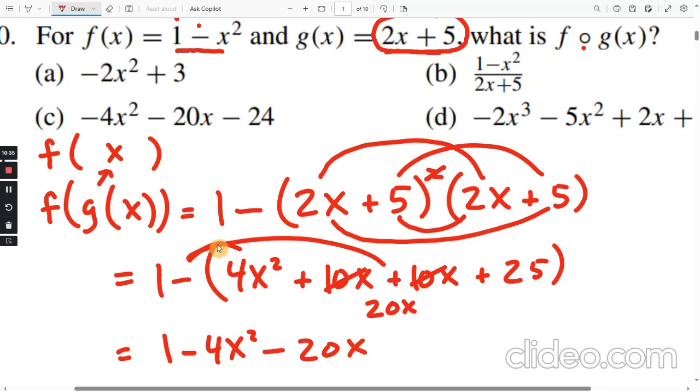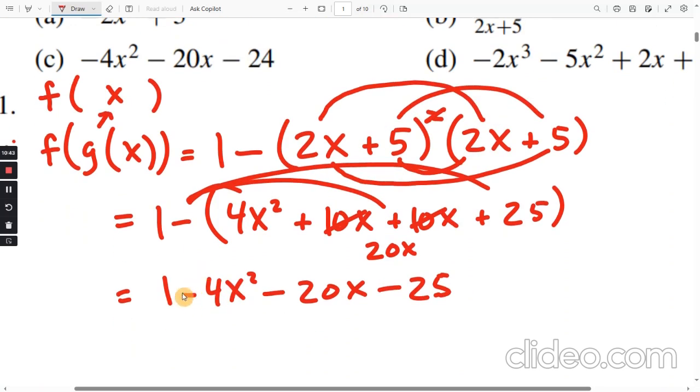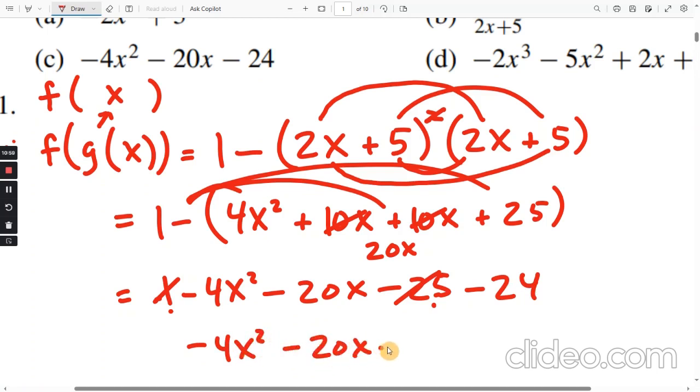And the negative sign times 25, that's going to be negative 25. And cleaning it up, we can only combine the 1 and the negative 25. So 1 minus 25, that's going to be negative 24. So that's your answer. Negative 4x squared minus 20x minus 24. And that is answer C.